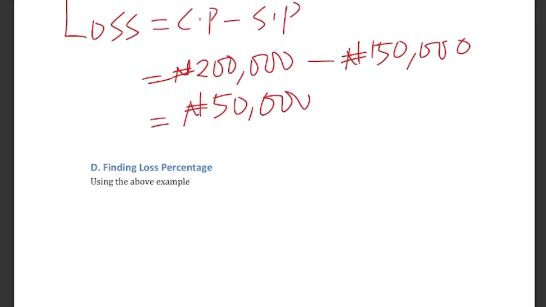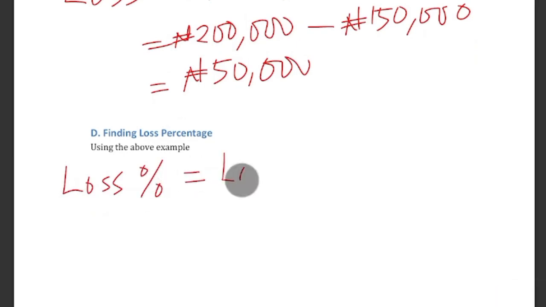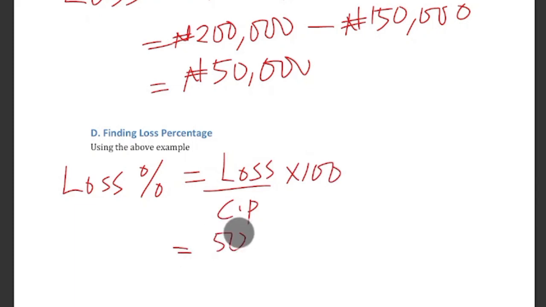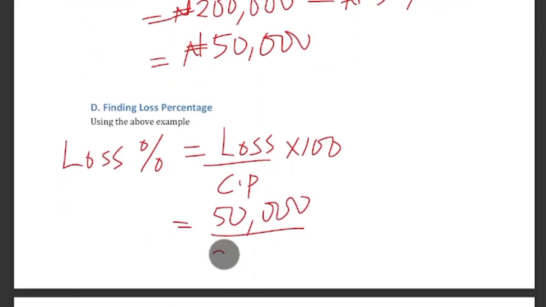All right. So that is that on that one. So finding the loss percentage. The same thing, loss percentage will be the loss over the cost price multiplied by 100. So that means we have loss, which is 50,000 divided by the cost price here. Cost price is 200,000.